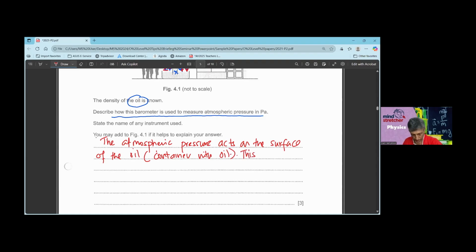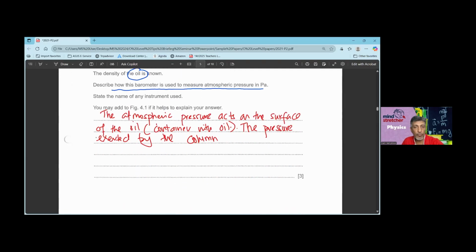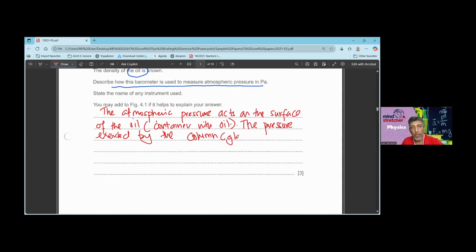You can put down that this pressure is the same as the pressure exerted by the column of oil in the glass tube.